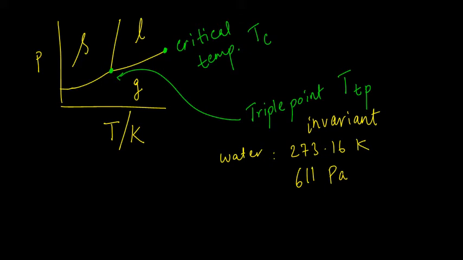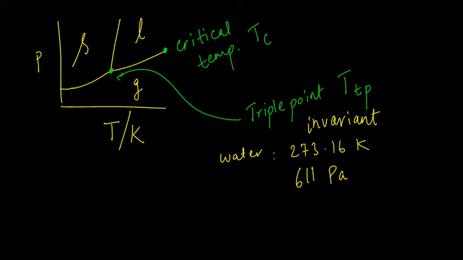If I want to be on one of these lines describing, for example, the solid-liquid transition, how many variables can I change? Only one. If I define the pressure as 1 atmosphere, then I know the melting point of water.